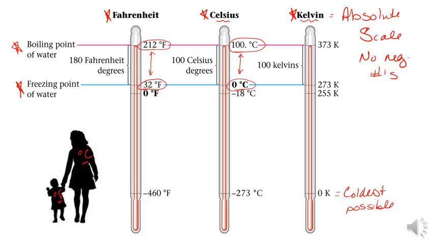At this temperature, there is 0 kinetic energy going on, no energy at all. So there's no temperature to measure. You can't get colder than this. Deep space is measured at about 1 Kelvin. It is the coldest possible temperature.